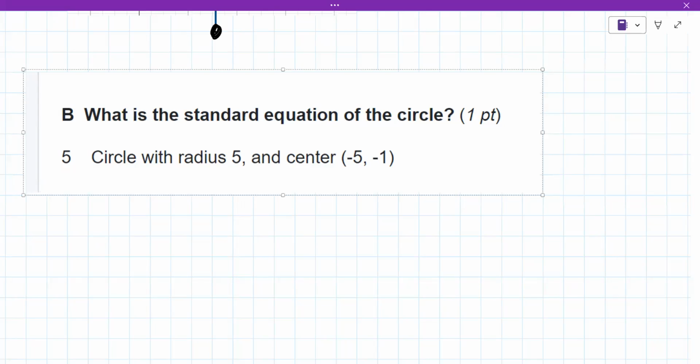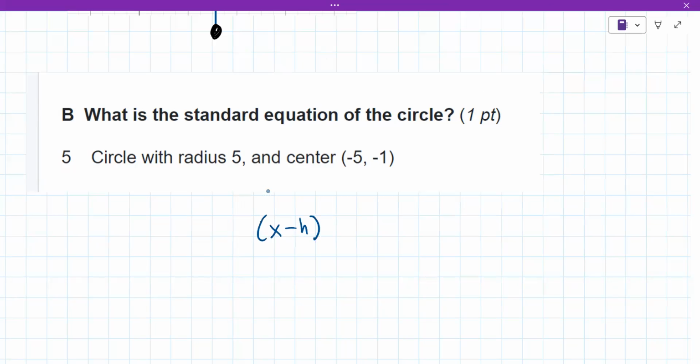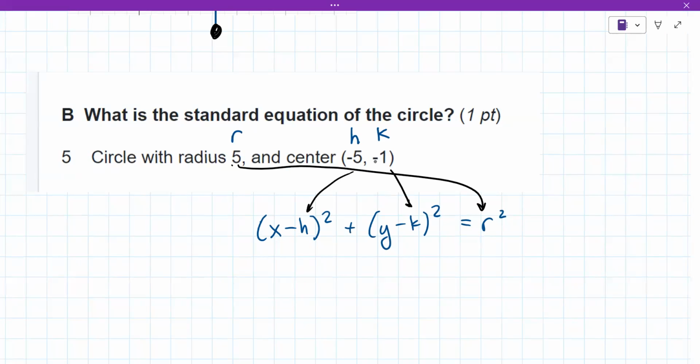All right. What is the standard equation of the circle? So I actually just wrote it here. I'll write it again for you. x minus h squared plus y minus k squared equals r squared. The first number is h and the second number is k. The radius is given as 5. So we take those values and we put them in, not there, there, and then the 5 there.